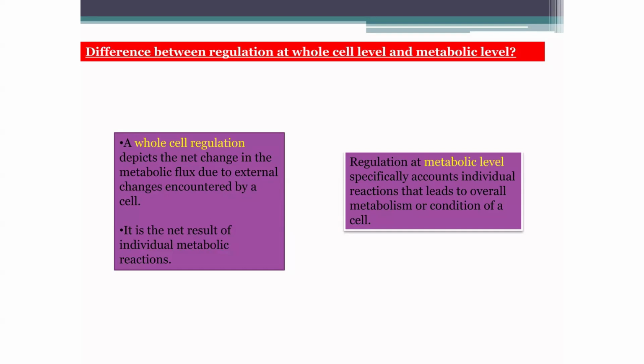We should understand that the whole cell came as a result of the individual reactions in that particular cell. And regulation at metabolic level is just to control like 1 or 2 enzymes in one particular pathway. So that is the difference between whole cell regulation and metabolic level regulation.